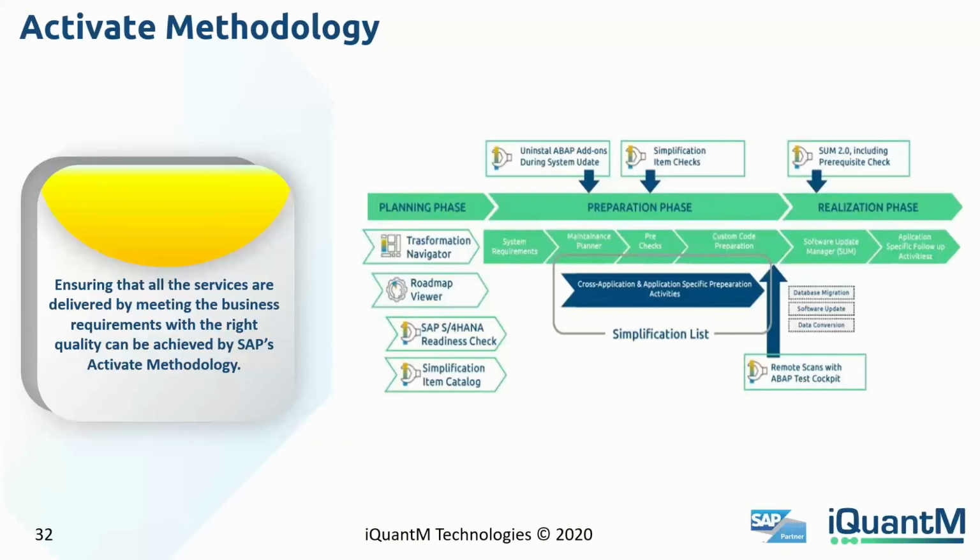For the planning phase, the most important tools you need to look out for there are the Transformation Navigator and the Roadmap Viewer. The Transformation Navigator is a tool that guides you on how to plan the move. It assesses your current landscape and your business strategy, and tailor-makes whatever your specific industry is to give you an assessment.